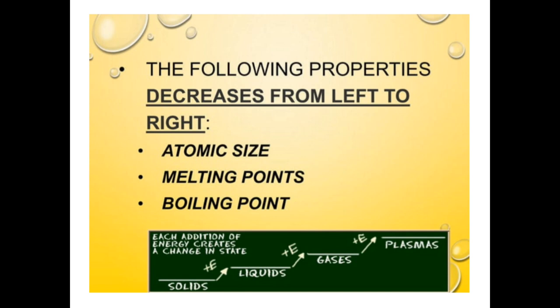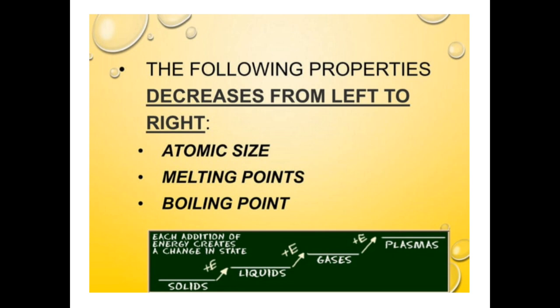Metallic character increases from sodium to magnesium, so they have high melting and boiling point. And of course, as you are moving to group 4, it has very strong covalent bonding. So they have very high melting and boiling point.